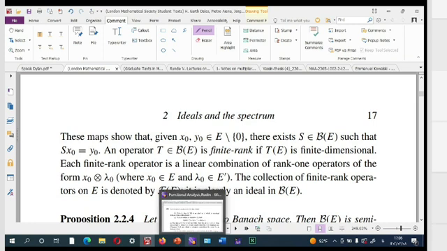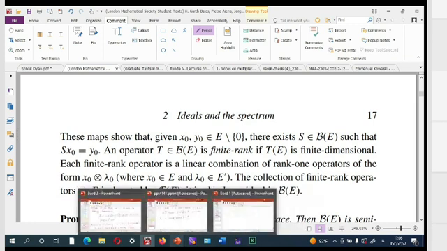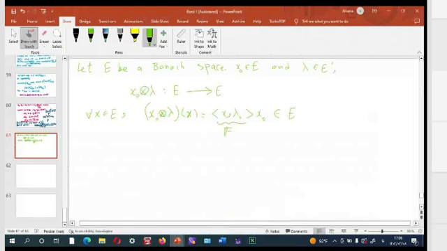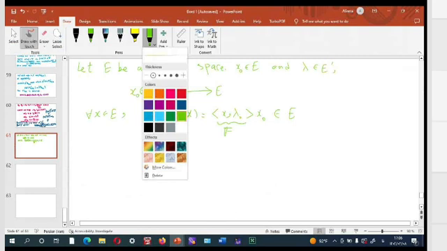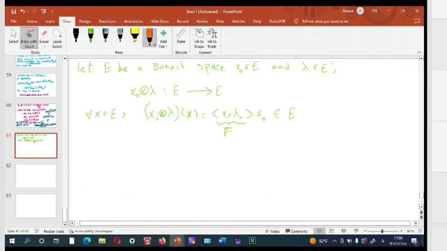S of x0 equals y0 because if x0 and y0 are two non-zero elements in E, then there exists S in B(E) such that S of x0 equals y0.